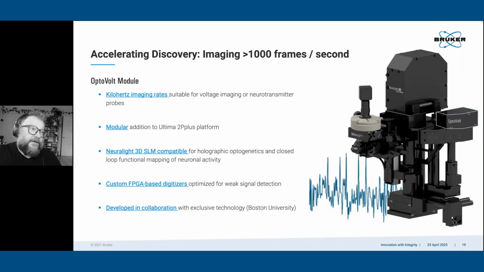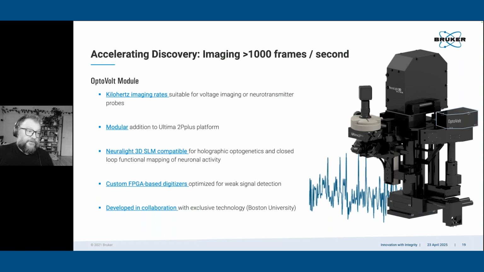So what we've done to get around this is develop a module called the Optivolt module that allows us to do kilohertz imaging rates. So this will make it suitable for voltage imaging, neurotransmitter probes, even some vasculature work that requires extremely high-speed imaging. It's modular, so it's an additional part to an existing microscope. It is, of course, also compatible with our 3D optogenetics.